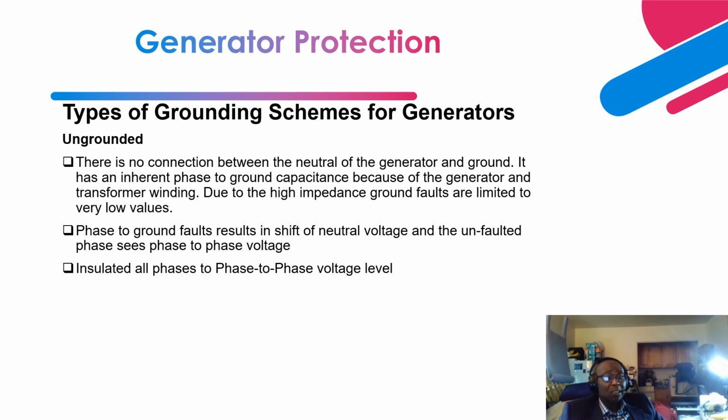So because of the ungrounded nature, detecting ground faults is very difficult, and you have to come up with a scheme to derive ground detection for this. A phase to ground fault results in the shifting of the neutral, and the unfaulted phases see much more of a phase-to-phase voltage.